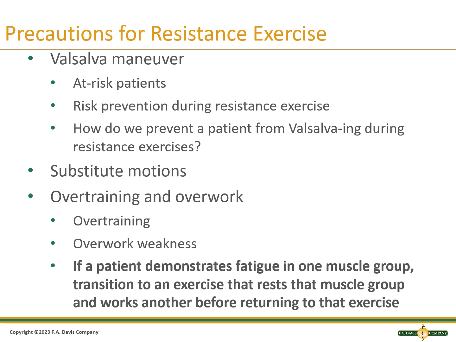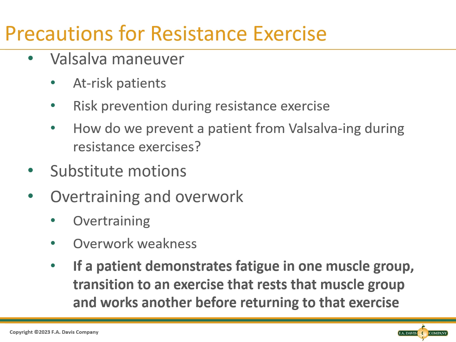We also need to look for substitution motions, ensuring that we are not allowing patients to utilize compensations to complete an exercise, that we are getting appropriate activation of the muscles for the goals that we are trying to reach, and that the substitutions don't put them at greater risk of injury. We also need to avoid overtraining and overwork.